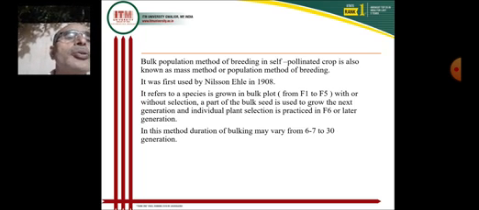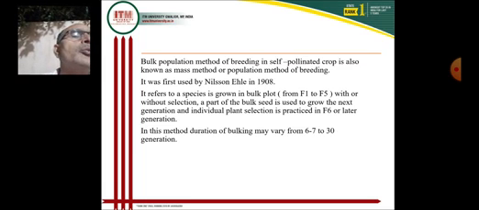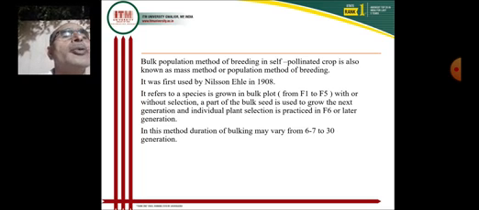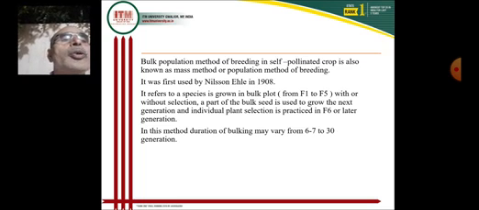It refers to a species grown in a bulk plot from F1 to F5, meaning from first filial to fifth generation, with or without selection. A part of the bulk seed is used to grow the next generation, and individual plant selection is practiced in F6 or later generations.